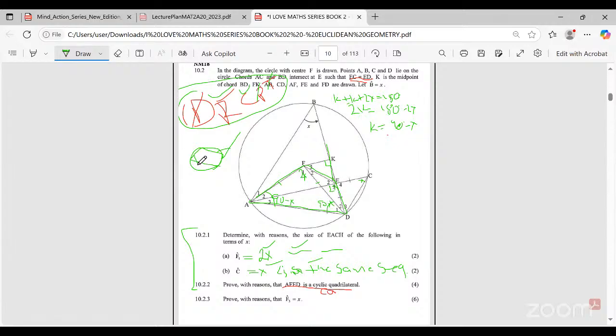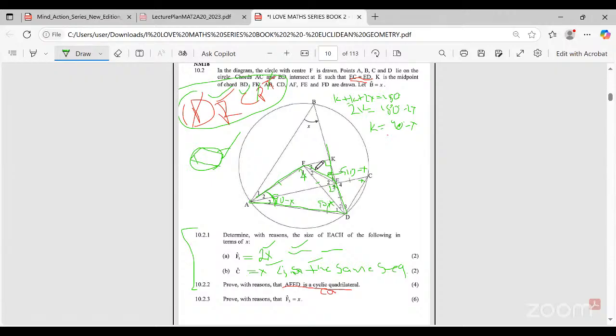Does this make sense? Yes, sir. Therefore, do you agree if I say now this angle is equal to that angle? Yes, sir. Okay, yes, this angle will be 90 minus x.